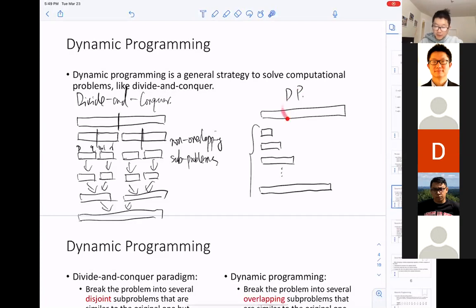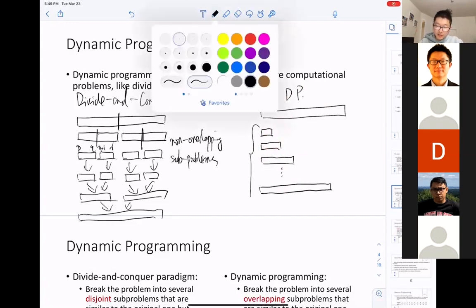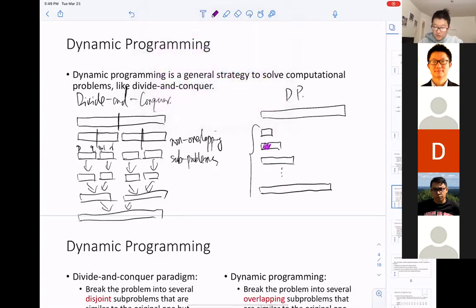Here you can say we divide a big problem into a sequence of subproblems, but these subproblems do overlap. For example, the first 2 subproblems overlap here, and the second and third subproblems overlap here. So in dynamic programming, we divide a big problem into overlapping subproblems.